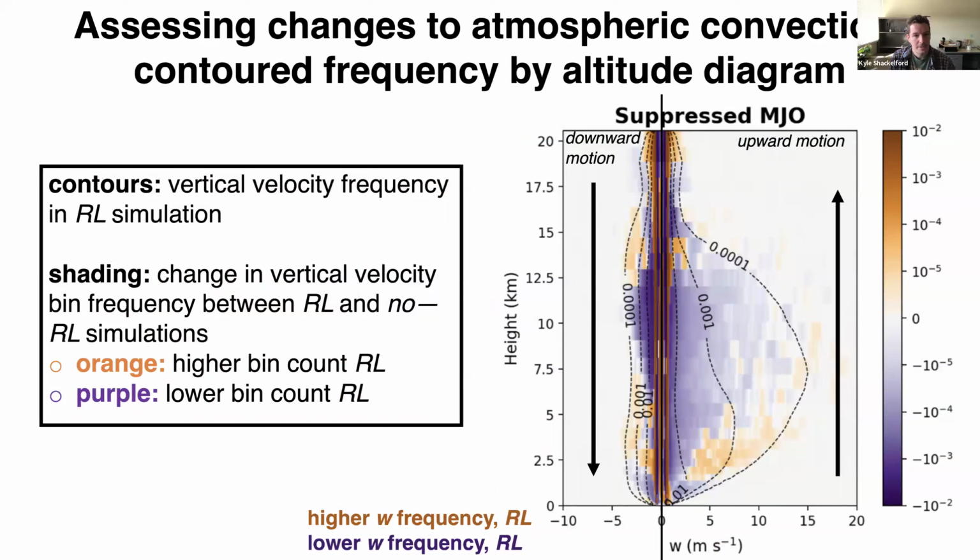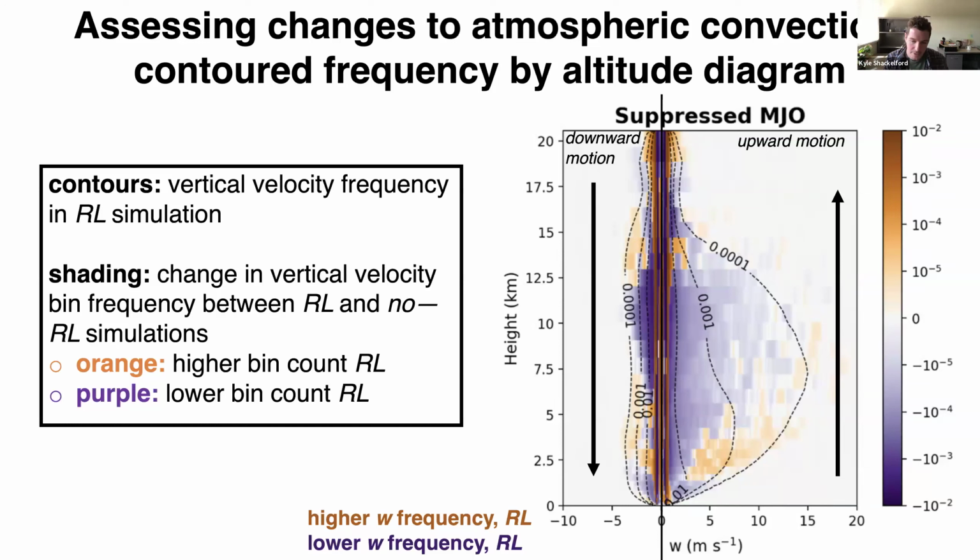Okay, and so now beginning to think about how this might influence the atmosphere, the way I'm going to be talking about this is through contoured frequency by altitude diagrams, which is what you're looking at on the right here. And so the idea behind this is you have vertical velocity in the atmosphere on the x-axis, height in the troposphere on the y-axis. On the right-hand side of the figure, you have upward motion, positive vertical velocity.